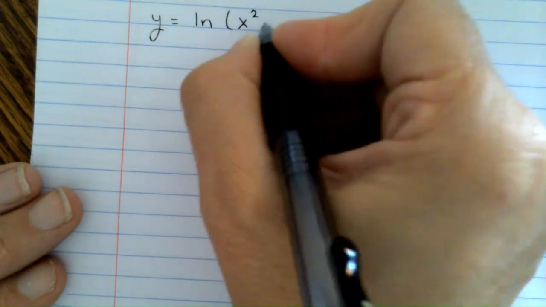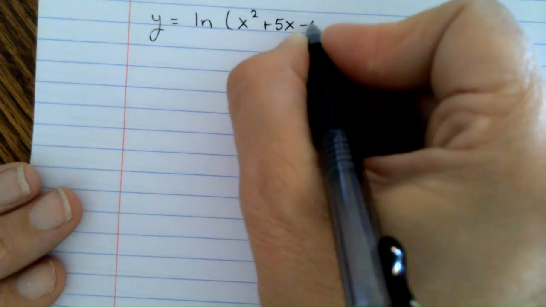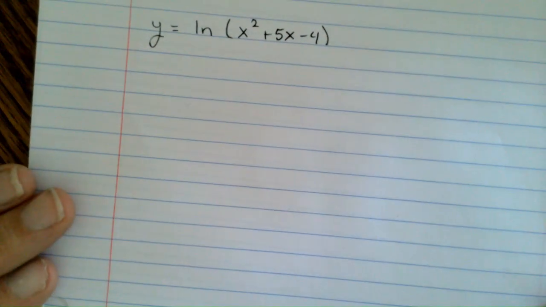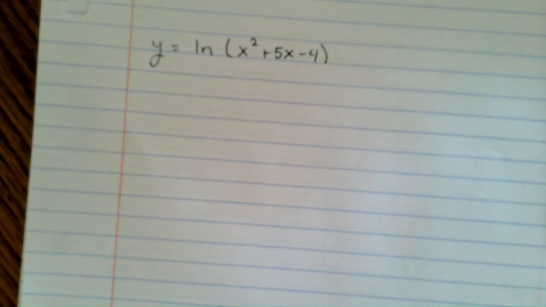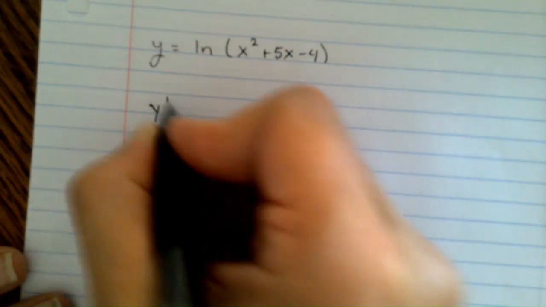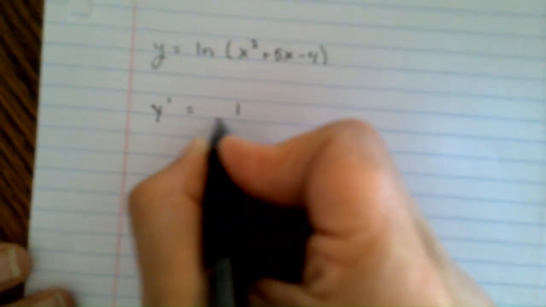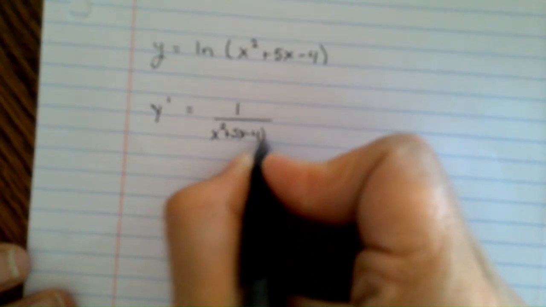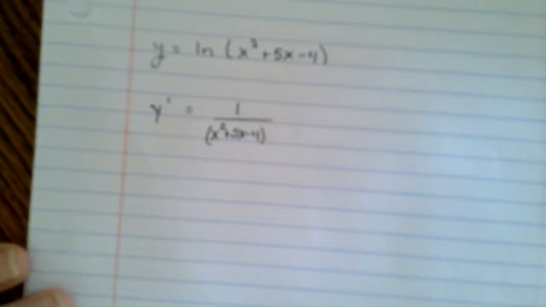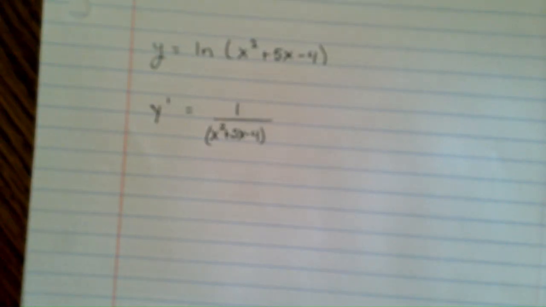y equals the natural log of x squared plus 5x minus 4. Okay, so the natural log is a simple one. I don't have to do the extra work because the natural log of base e is just 1. So our derivative is 1 over what's inside, times the natural log of our base, but our base is e, so times 1.